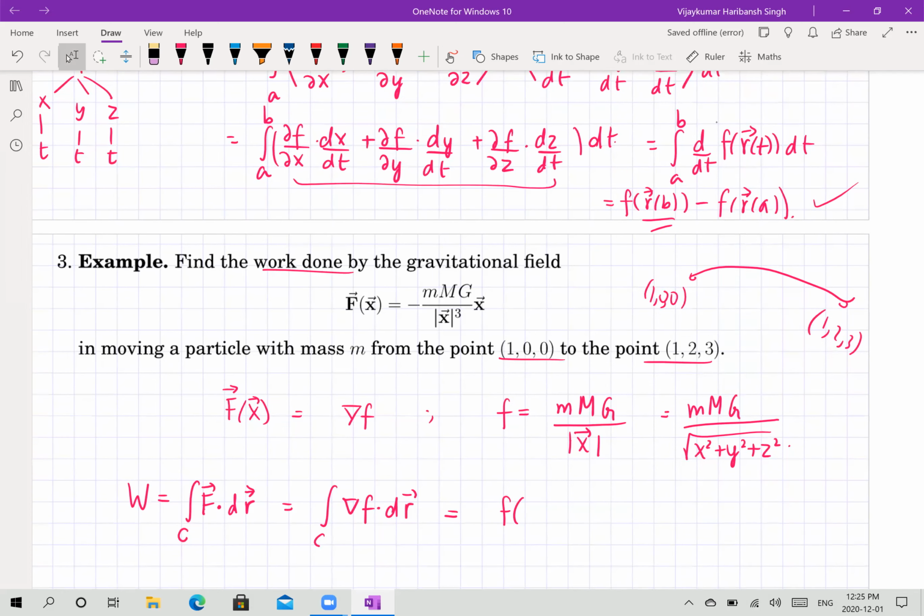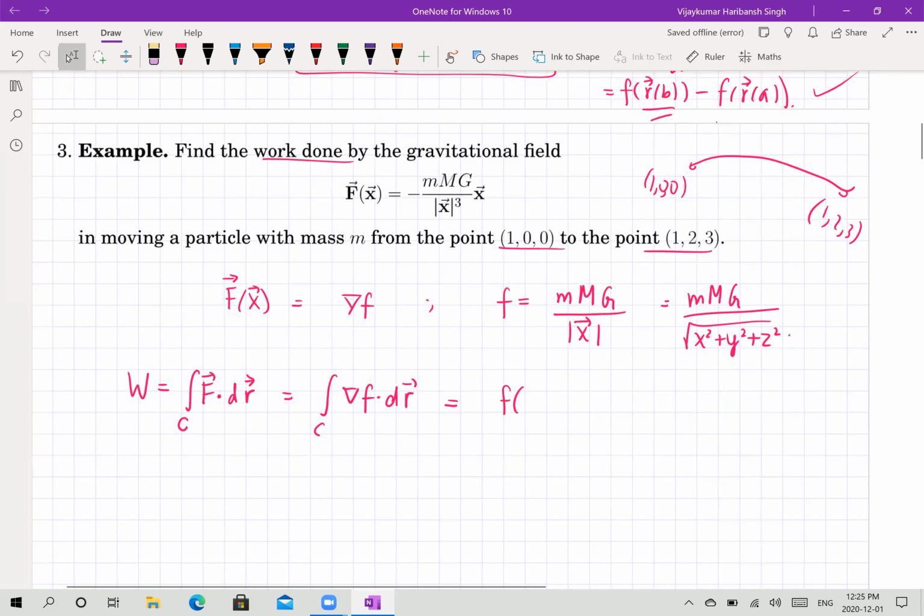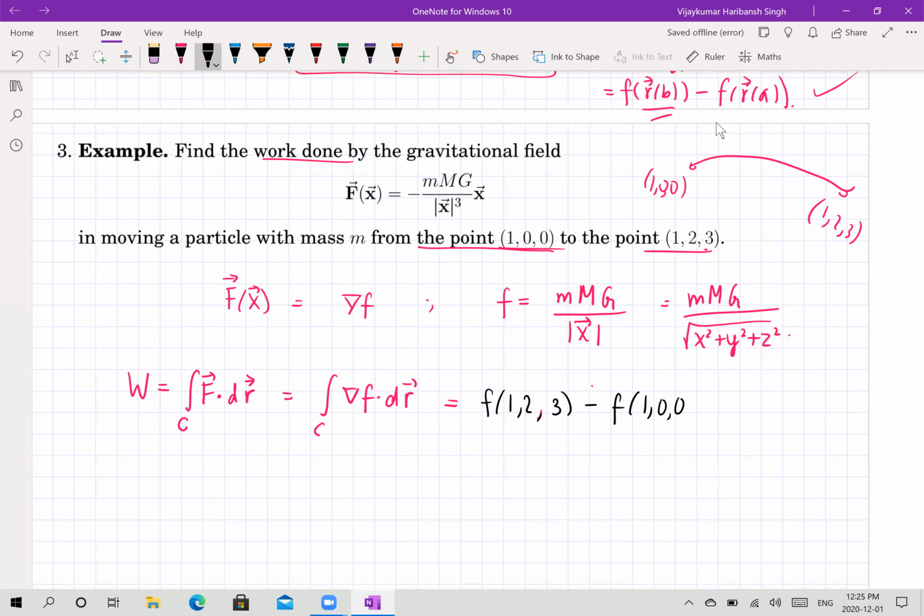So in particular, we are starting from the point (1, 0, 0) and going to the final point (1, 2, 3). So this is going to be f of (1, 2, 3) minus the initial f of (1, 0, 0).